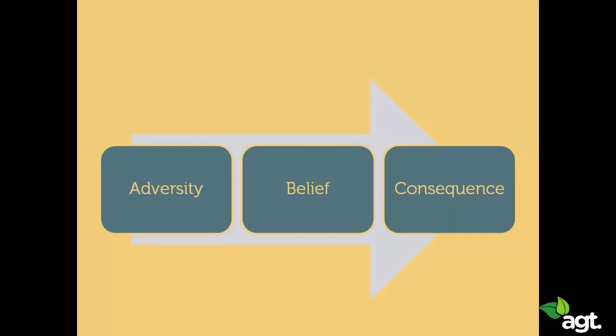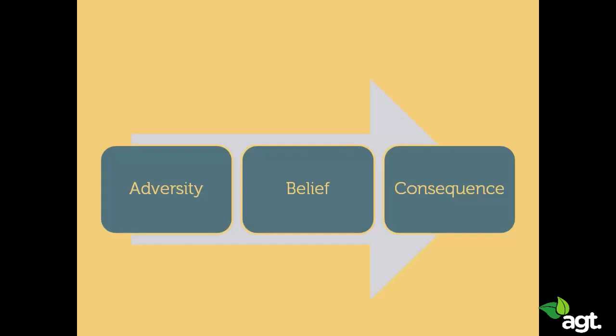Here is how it works. Ellis observed that rather than the adversity itself, it is our belief about the cause of adversity that actually triggers our feeling response and our behavior. That is, adversity leads to belief, which leads to consequences. It is not what happens to us that causes our reactions. Rather, it is what we think about what happens to us that determines our response.